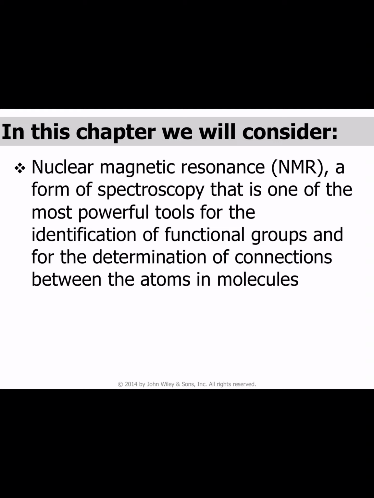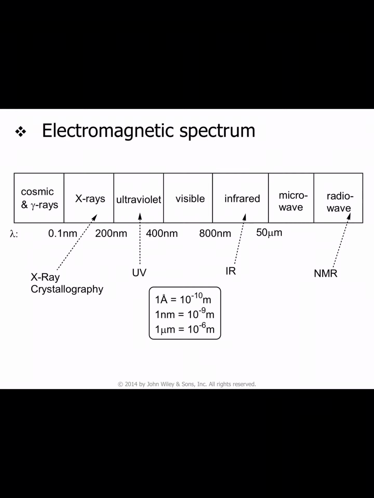That is one of the most powerful tools for the identification of functional groups and for the determination of connections between the atoms in molecules. Okay? So if we are going to identify a substance or a molecule, we need to know how they are connected. So in this technique, we can identify how they are connected.